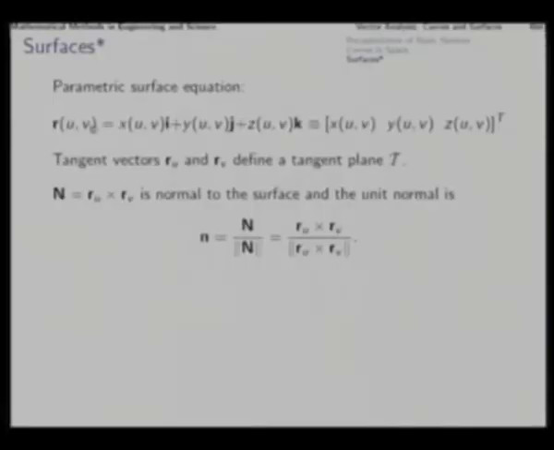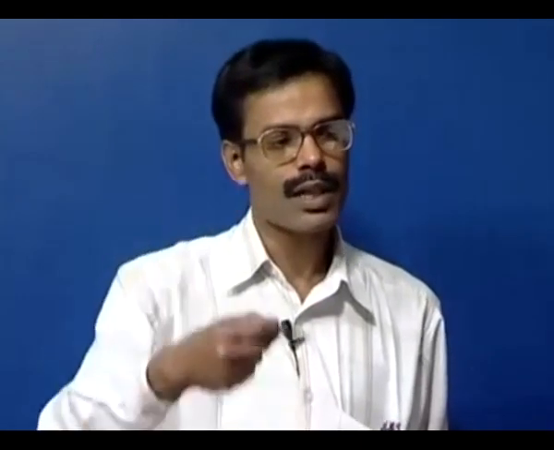If you represent the position vector of a point on the surface as a function of two parameters, then the representation looks like this: x of u v i plus y of u v j plus z of u v k. You can also represent it as a column vector with x, y, z functions of u and v being the components in the vector.